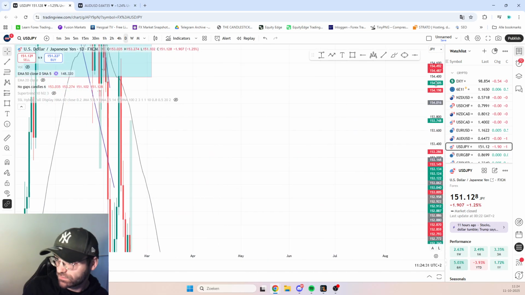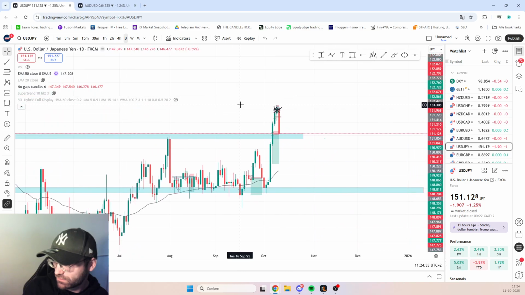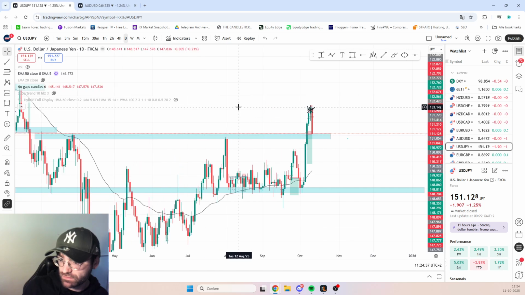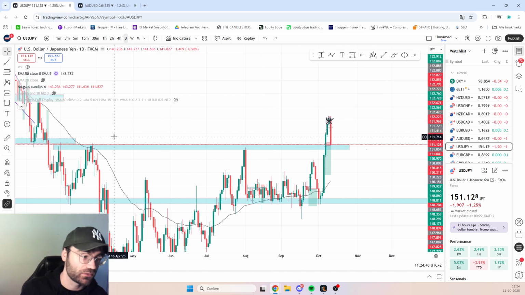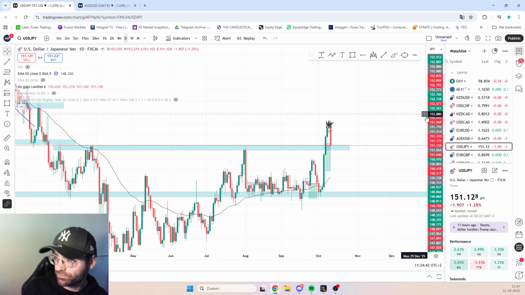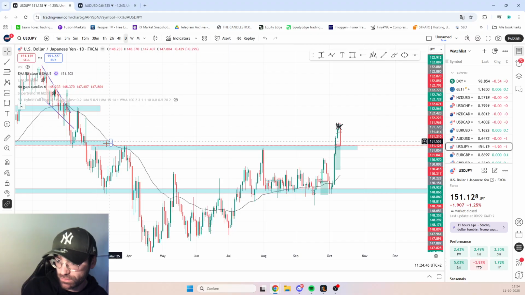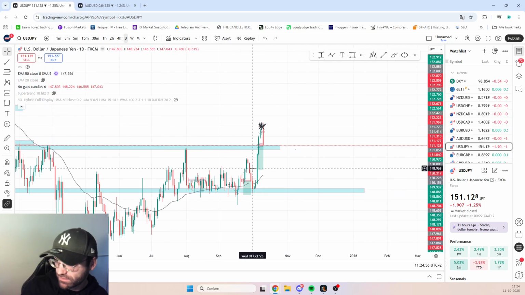The daily wasn't a doji, but as you can see, the areas are also on the bigger time frames. It perfectly closed on an area that I had already drawn up before. This area has multiple touches. Here it acts as support, it acted as resistance, resistance, resistance, and then it broke through.